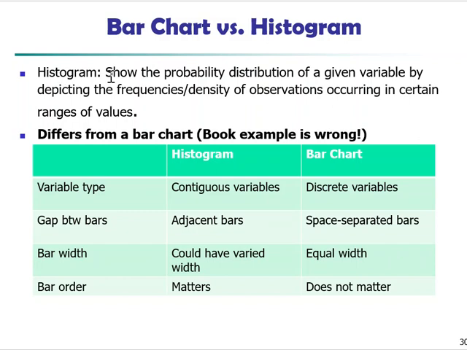So histogram is used to show the probability distribution of a given variable. Like histogram is an approximation of the normal curve that we drew earlier. We're going to draw the frequency of certain data values occurring as a curve that can show the distribution of the data.